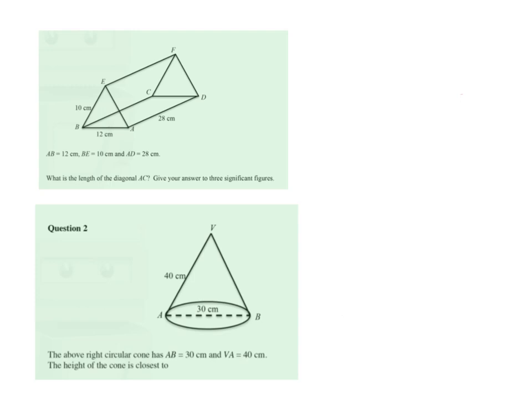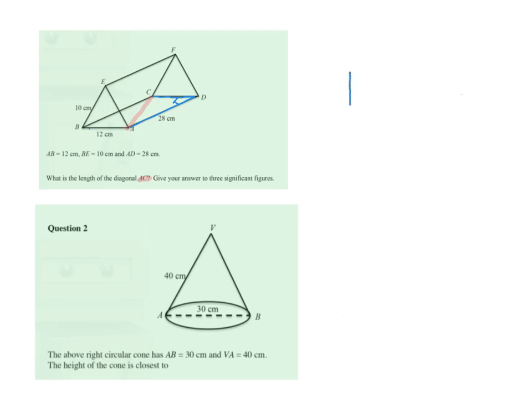Now in this one, it wants me to find the length of the diagonal AC. So if you look, AC is across the floor, or across the bottom of, say that was a tent or something. So what I can use is this triangle like that, and that is the right angle.